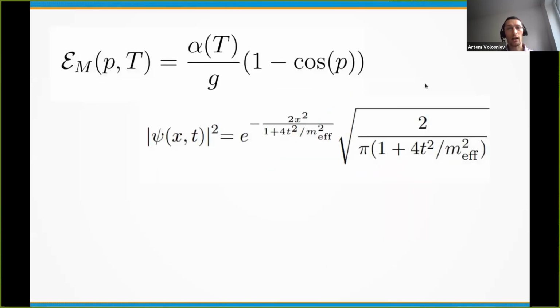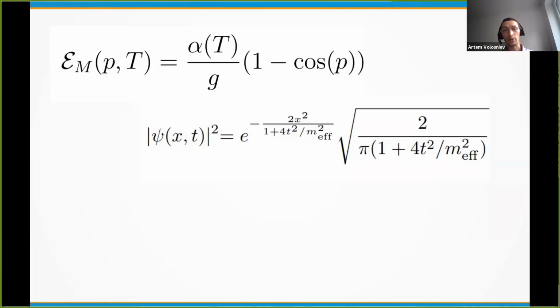All right, let's move on. So again, like I told you, there will be the effective spin chain, and it will look very nicely, and then we could just again diagonalize it, assuming a single magnon, and then we will again get this type of propagation with the effective mass, where the effective mass now will depend on temperature.